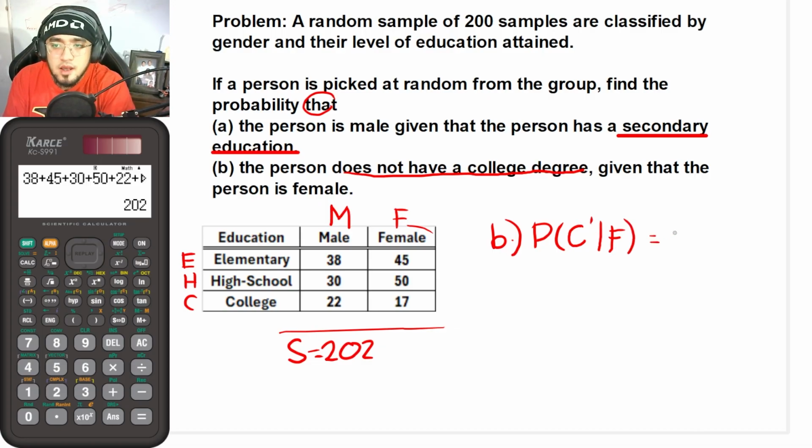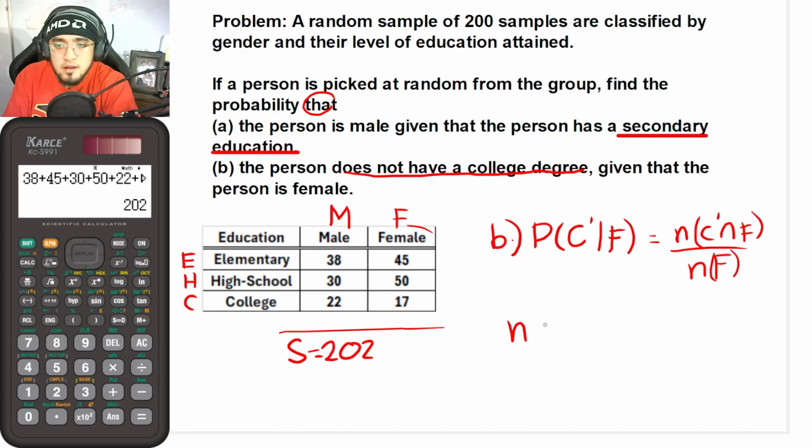So from that, once again, if you want to write it in equation form, this is now equal to the number of the intersection between the complement of C and female divided by the number of female. Okay? So the number of female, since this is now our condition. So from that, guys, the intersection between the complement of college and female is that, in this case, this is college.